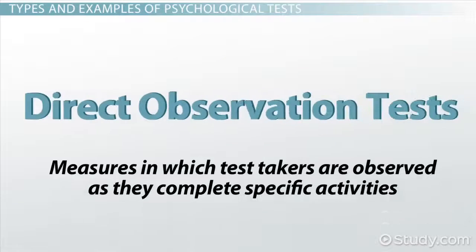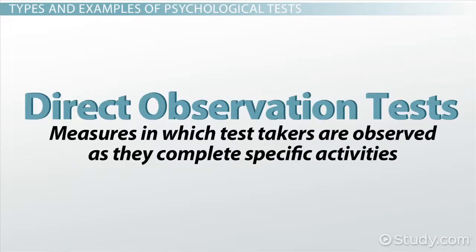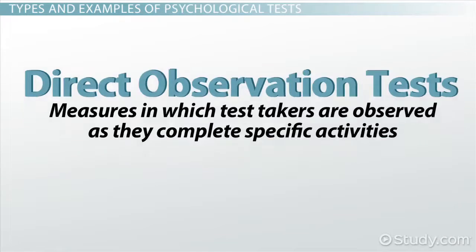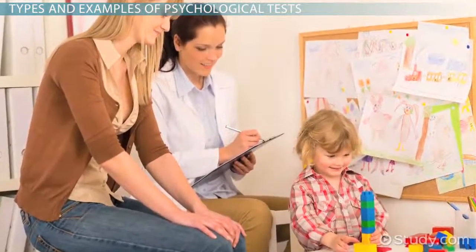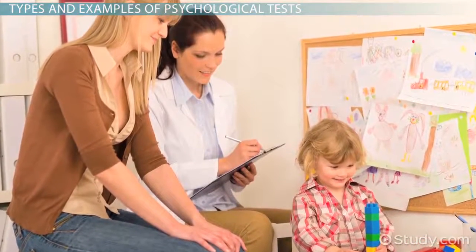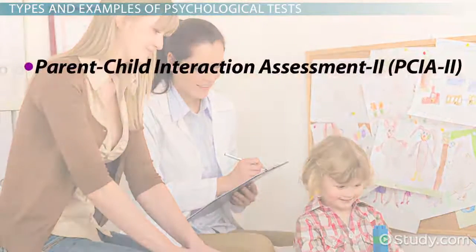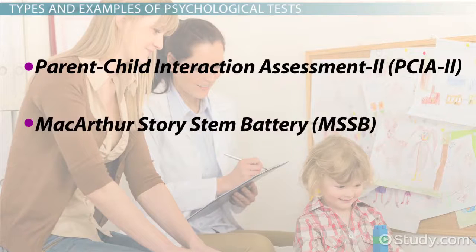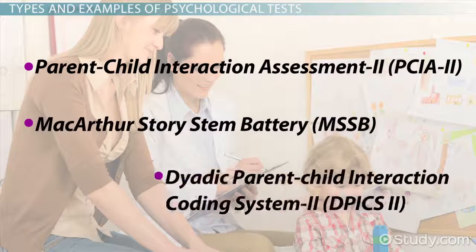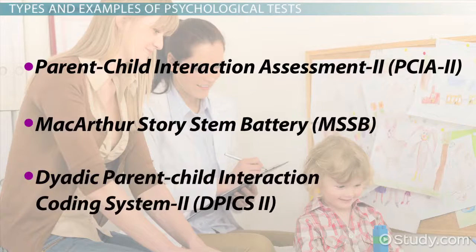Direct observation tests are measures in which test takers are observed as they complete specific activities. It is common for this type of test to be administered to families in their homes, in a clinical setting such as a laboratory, or in a classroom with children. They include Parent-Child Interaction Assessment 2, PCIA-2, MacArthur Story Stem Battery, MSSB, Dyadic Parent-Child Interaction Coding System 2, DPICS-2.